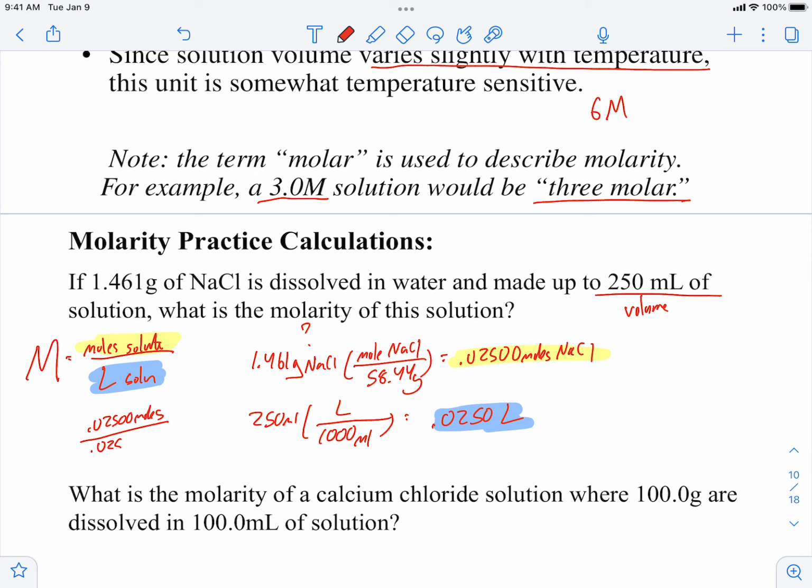Oops, you know what? I just realized I made a mistake. It's not 0.025. It's 0.25. So therefore, our molarity is going to be 0.10 molar. I can have 2 sig figs because of the 2 sig figs in my original volume measurement.